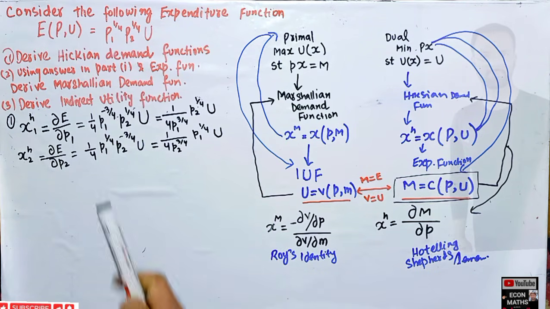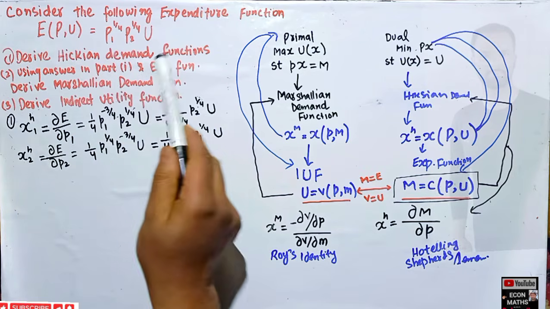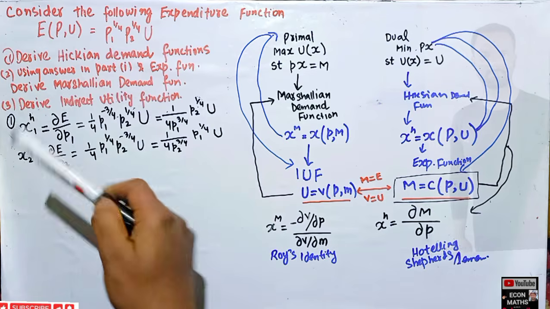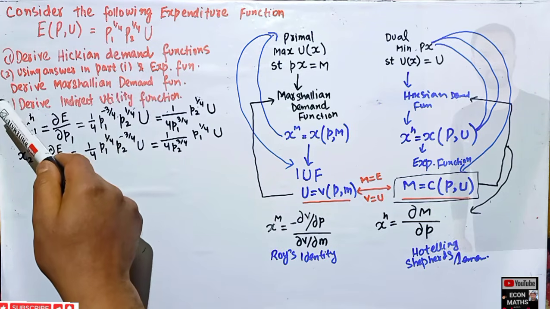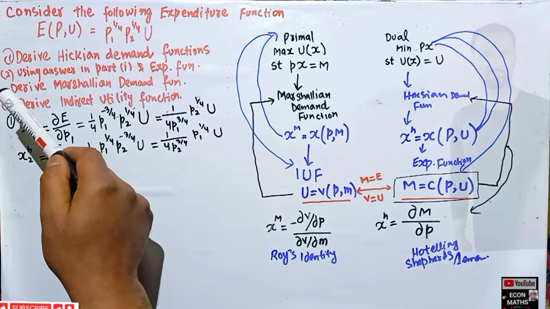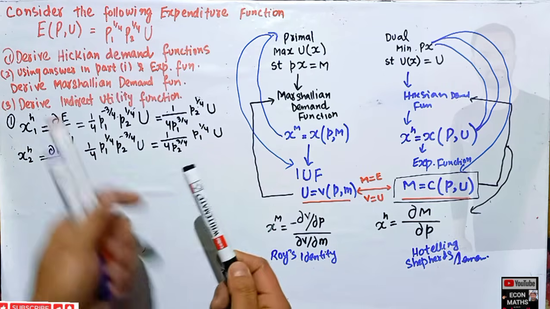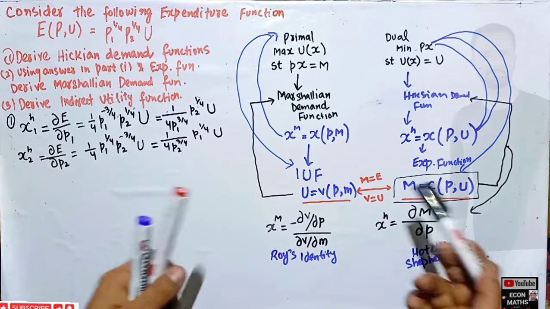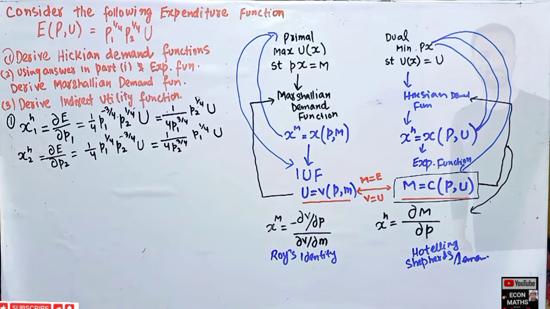Now the question tells us, using the answer in part one and the expenditure function, derive the Marshallian demand function. My thinking here is that this part should have been the second one, and the third one should have been the second. So first we need to calculate the indirect utility function. How can we derive the indirect utility function from the expenditure function? It's very simple.